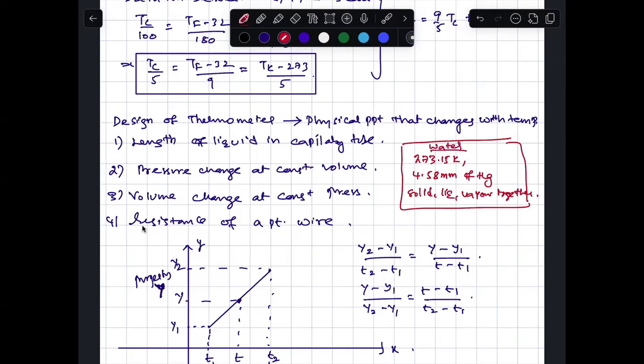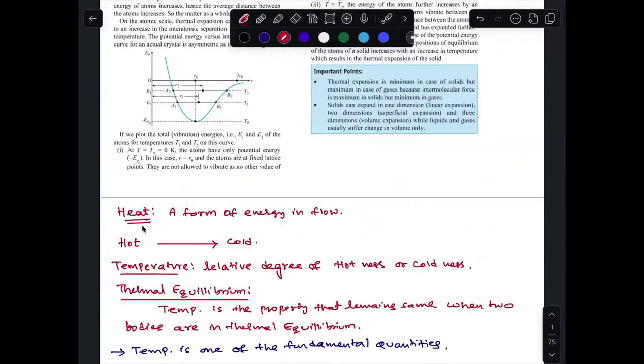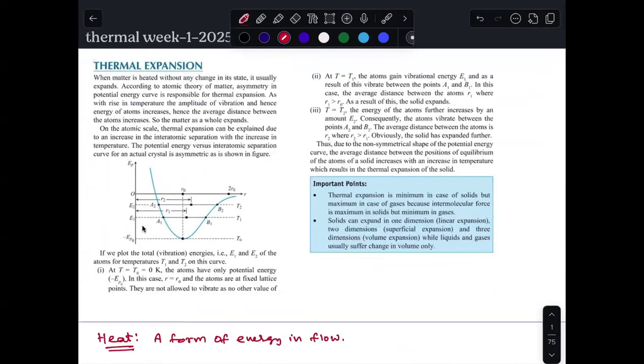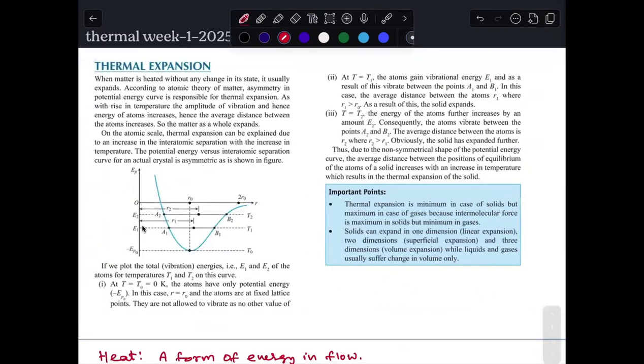Right. I think that is fine. We will go for thermal expansion. Whatever is required for scales of temperatures, I have done. So let us study the reason for thermal expansion. Why is there thermal expansion?